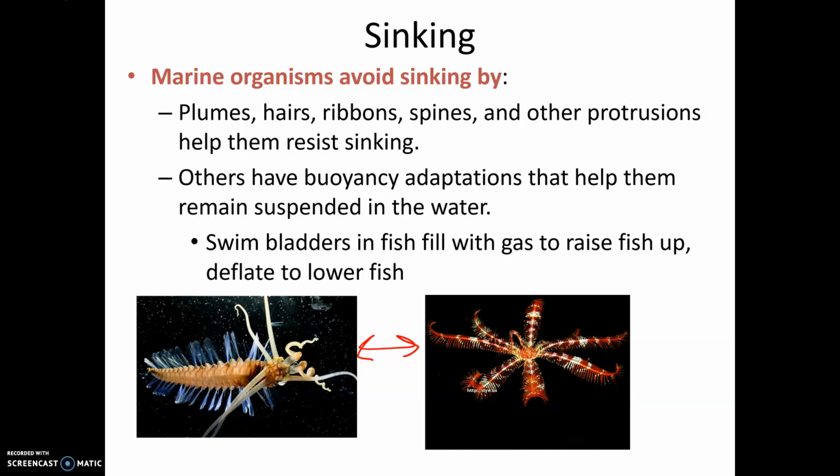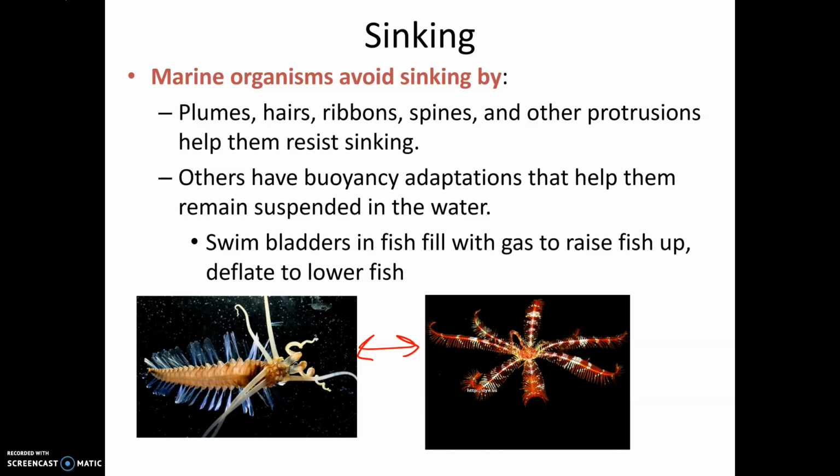Some other buoyancy adaptations are going to allow them to stay afloat in the water. So some animals have swim bladders. This will fill with gas and help the fish rise, or deflate to lower. And we saw that with that animal in our video who can move just by pushing water in and out of their shell.